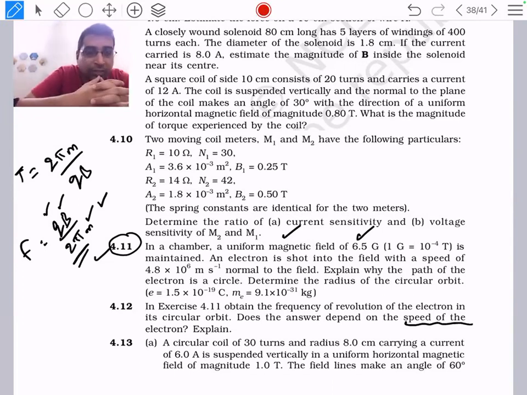Look at the expression. No, sir. Velocity is not there in the expression. So with whatever speed you project the particle, please make a note of this point.